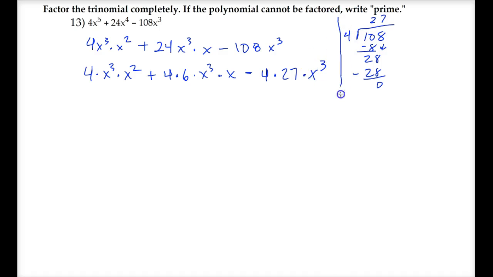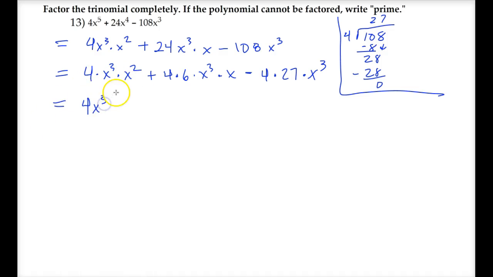Okay, and we'll section that off. So now, from what we see here, we have a 4 that is in common with all terms, and we see we have an x cubed that is in common with all terms. So let's go ahead and factor out a 4x cubed out of all terms.